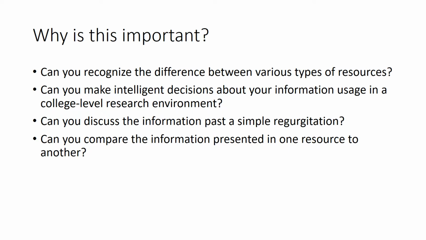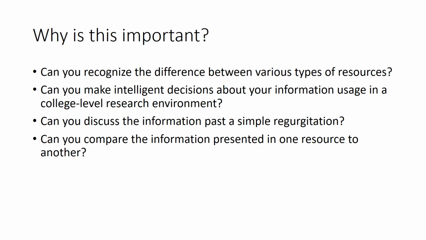So it means that on top of selecting resources and understanding what they are, do you understand which information is of the most value or should be used in a college level research paper? So not only are you able to select resources, but do you select good resources?